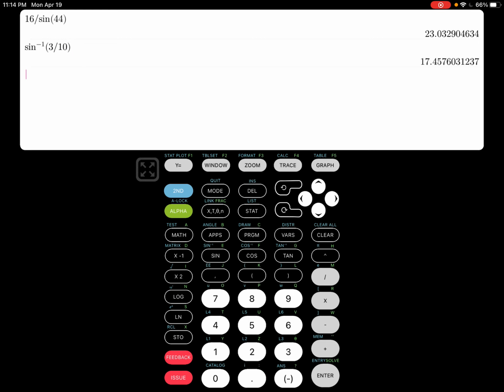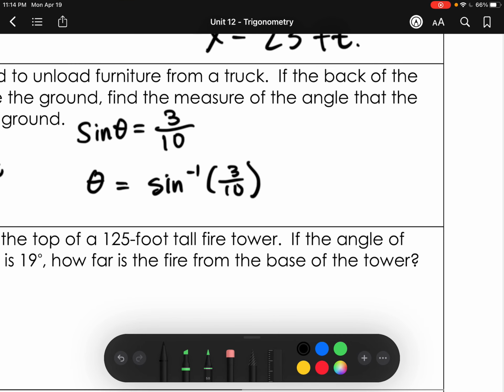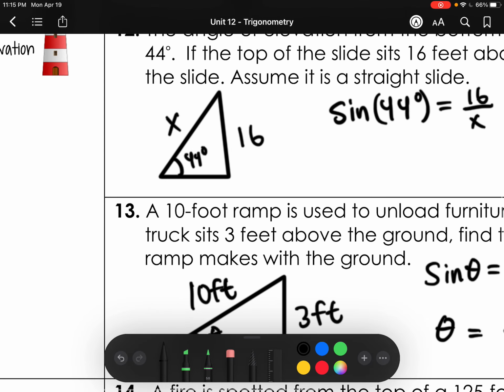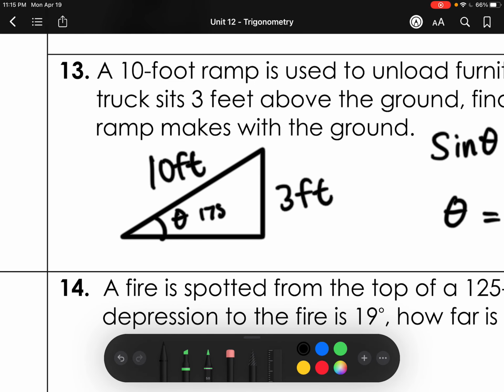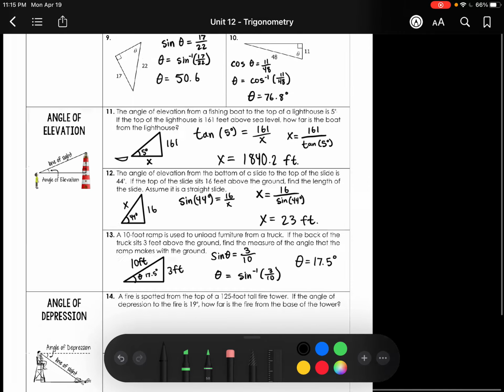You click enter, and you get the angle is 17.45, so we'll round to 17.5. So theta is equal to 17.5 degrees. This angle right here is 17.5 degrees.